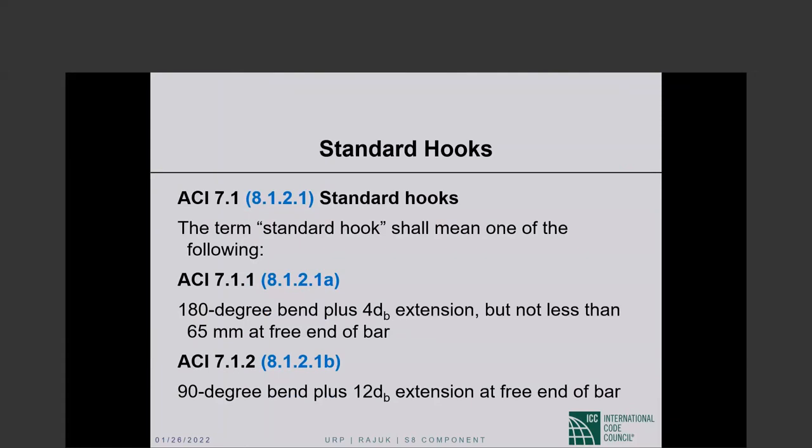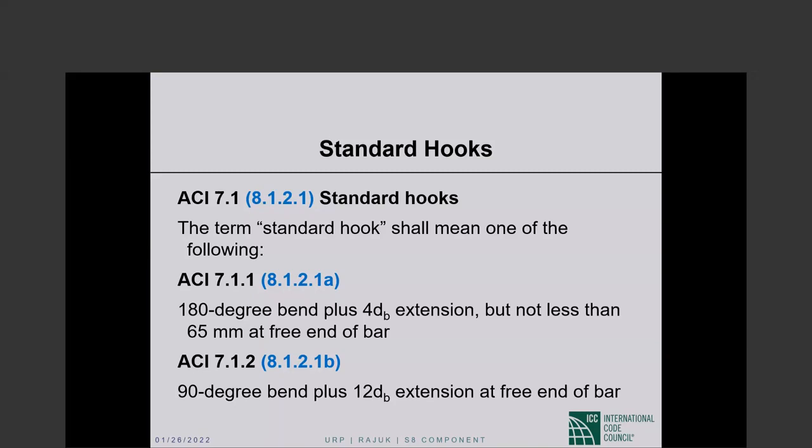Just upon reading. Okay, so the first thing is, what is a standard hook? The term standard hook shall mean one of the following: 180-degree bend plus 4-bar diameter extension, but not less than 65 millimeters at free end of bar. So 180-degree bend, 4-bar diameter extension, but the extension shall not be any less than 65 millimeters.